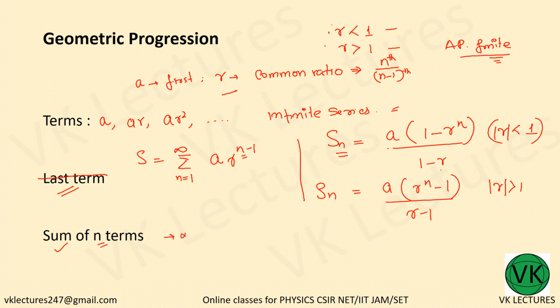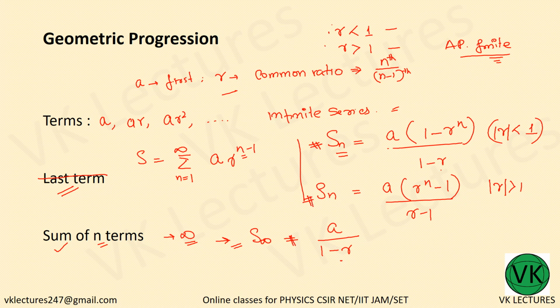If there are infinite terms, then S infinity, that means an infinite number of terms, is a divided by (1 minus r). This is the formula. All these three formulas must be remembered. Important, we can put it as important.